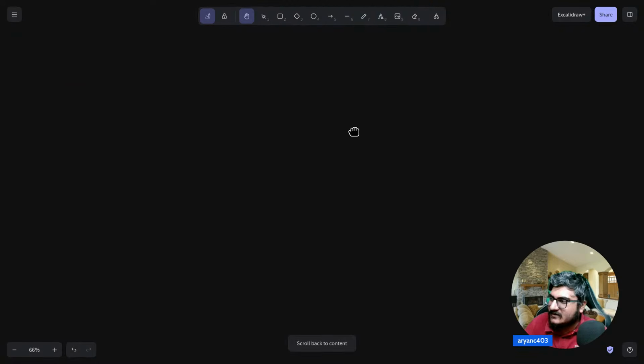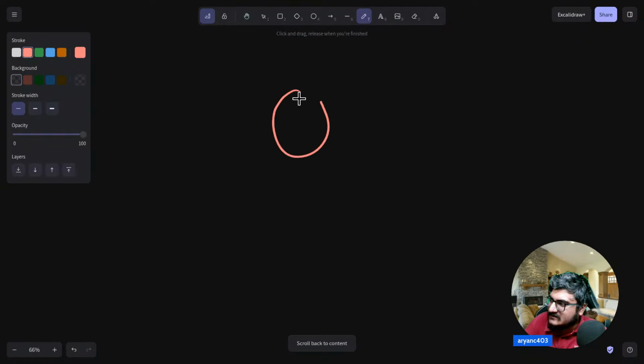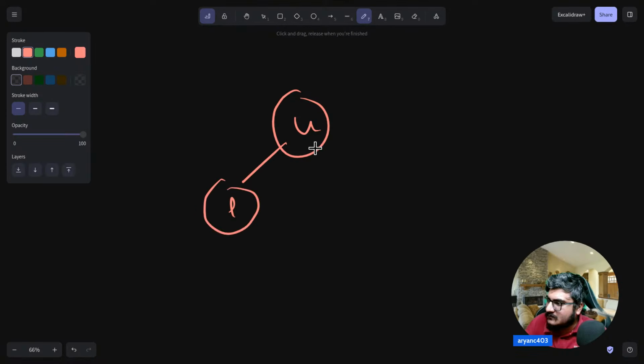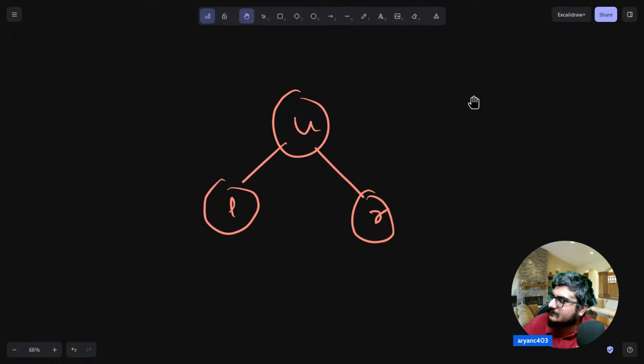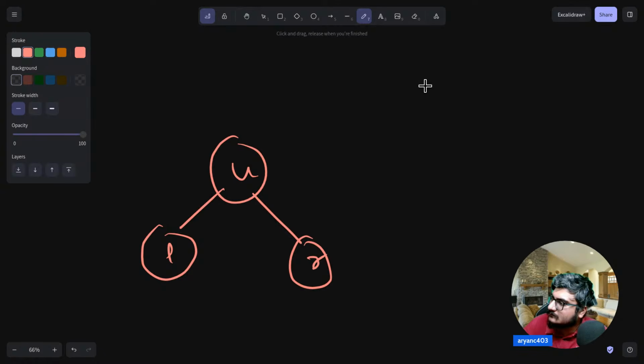Let's say this is node U. You have L, you have R. For each node, figure out DP[U], which means: all the elements are empty, there's nothing, no character is written on any of them.